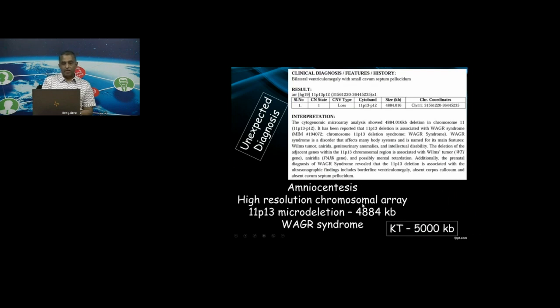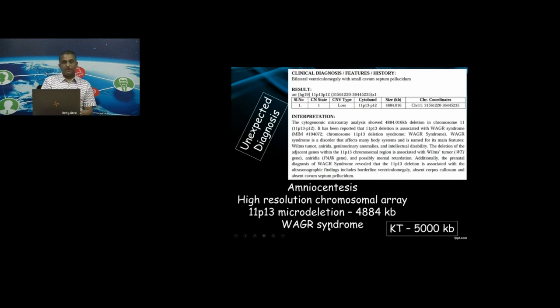On high resolution chromosome array, there was a microdeletion running into about 4,884 kb, present on the short arm of the 11th chromosome, 11p, and this was consistent with a syndrome called WAGR syndrome.